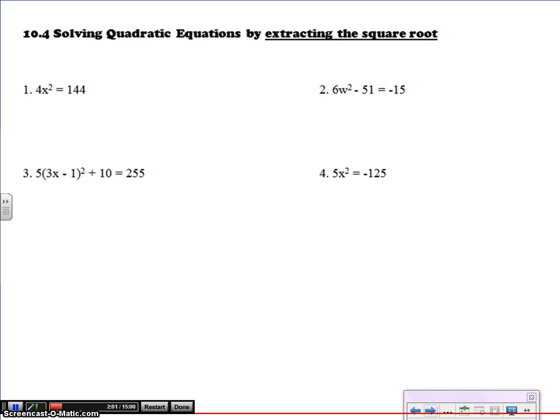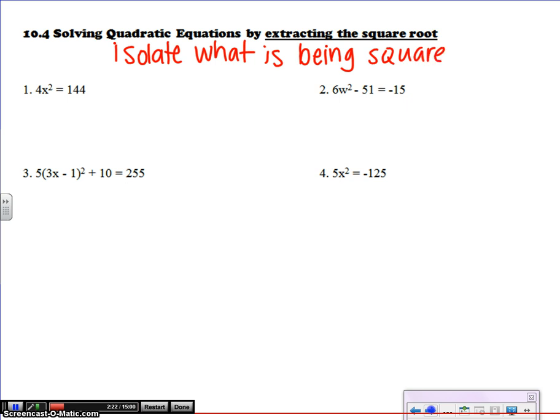The next thing we talked about in Chapter 10 was solving quadratic equations by extracting the square root. So the idea is to isolate what is being squared. And there's a couple of things that we're going to encounter that are going to be a good reminder to us.